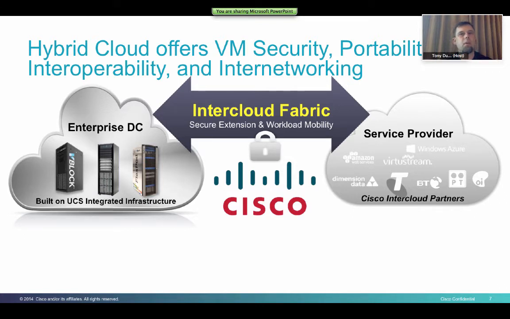Many of the hybrid solutions available today focus more on API integration with the provider cloud to orchestrate the ability to migrate or instantiate virtual machines in the provider cloud. But what they fail to do is to orchestrate and provide that secure fabric, that overlay of connectivity to connect the clouds together and to allow for networking interoperability.